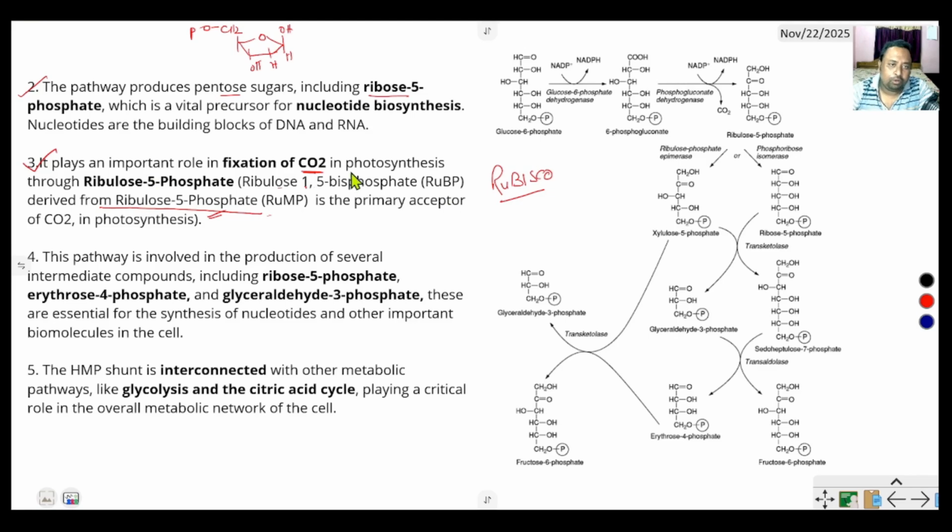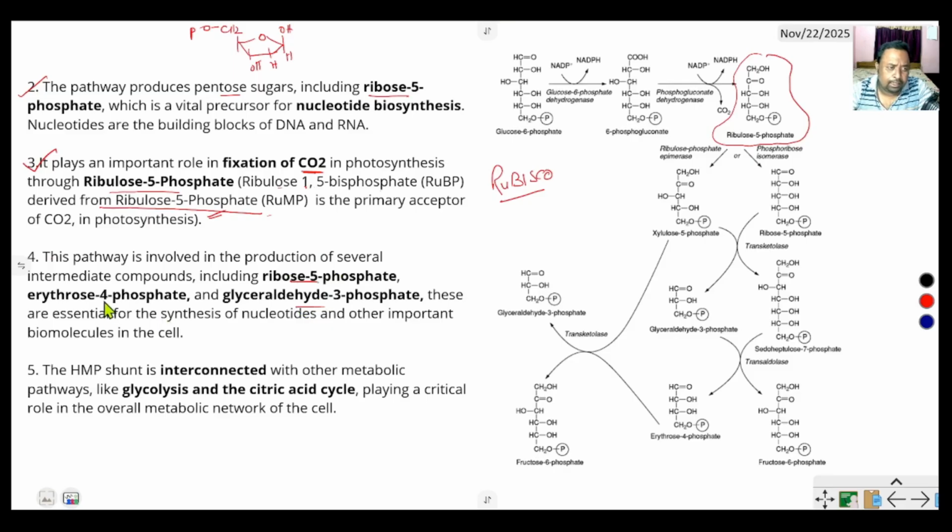And this ribulose 1,5-bisphosphate is produced from ribulose 5-phosphate. Ribulose 5-phosphate is the product of the pentose phosphate pathway.